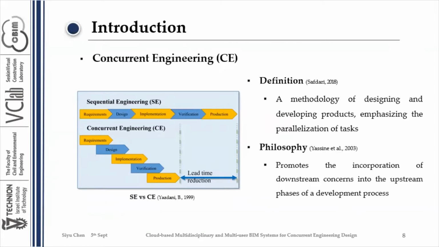Therefore, many researchers propose to introduce the concurrent engineering approach into the AEC industry. What is concurrent engineering? It is a methodology of designing and developing products, emphasizing parallelization of the tasks. And the philosophy of it is to promote the incorporation of downstream concerns into the upstream phases of the development process.